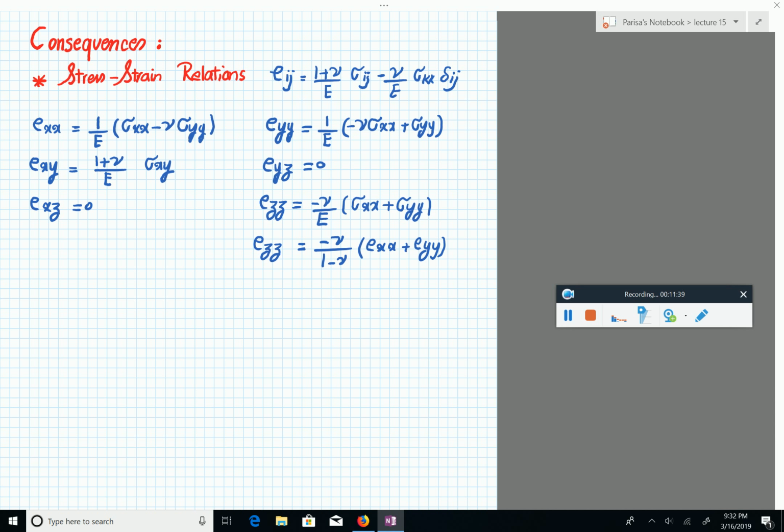So as our intuition told us before, all strain components are independent of z.